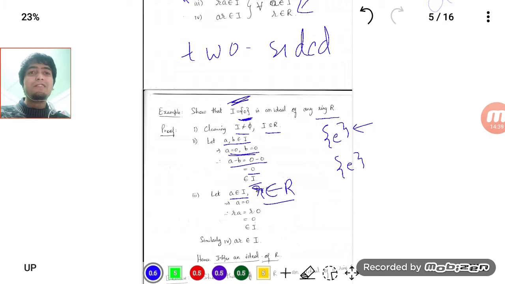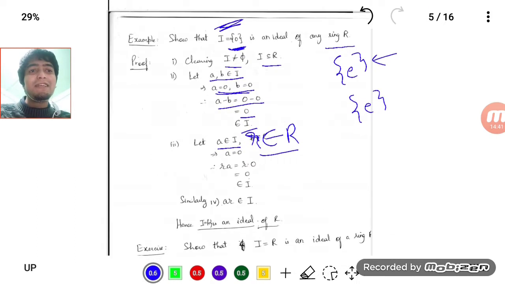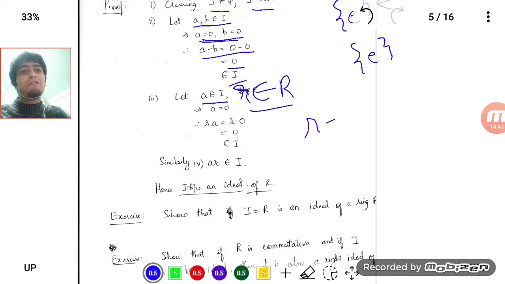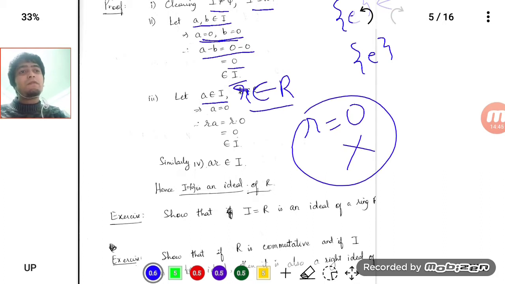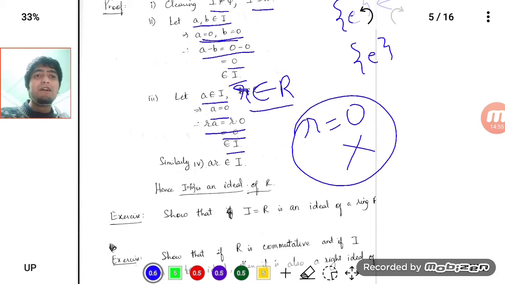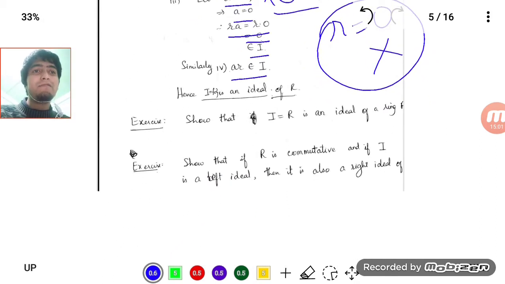It may contain only 0 or it may contain other things. So you cannot write r equal to 0. Be careful. So a equal to 0. ra will be r times 0, which is 0, belongs to I. Similarly, ar will belong to I, hence it will be an ideal.